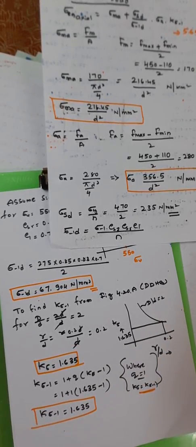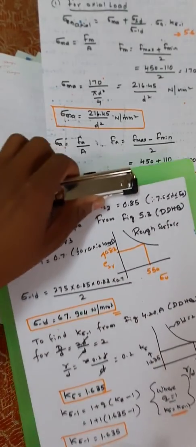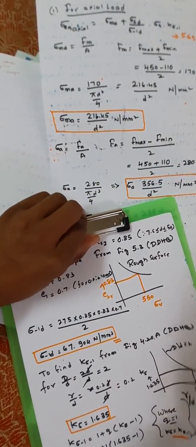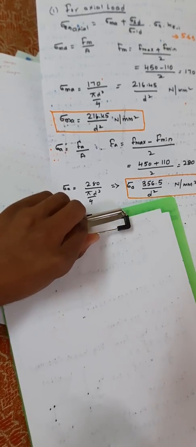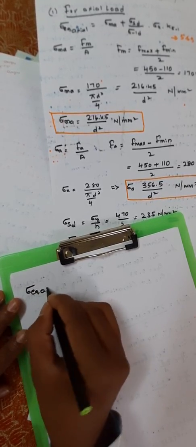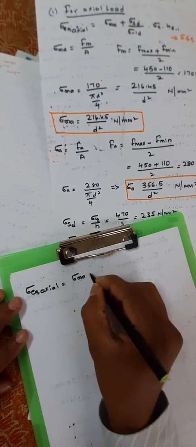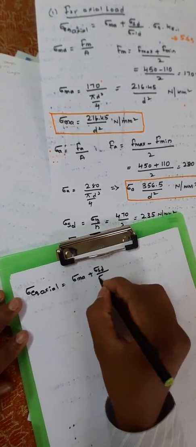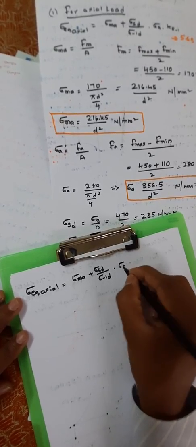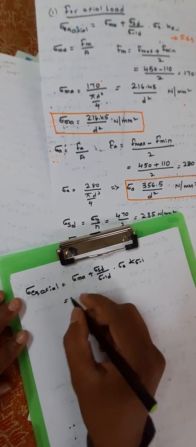Then using all these values, substitute them into equation number 1, or equation number 5.65. That equation is sigma equivalent axial is equal to sigma ma plus sigma sd divided by sigma minus 1d into sigma a into K sigma minus 1. Substitute all the values.